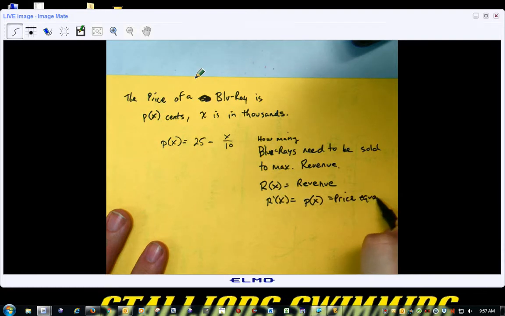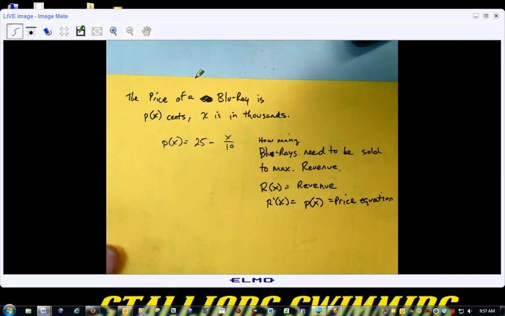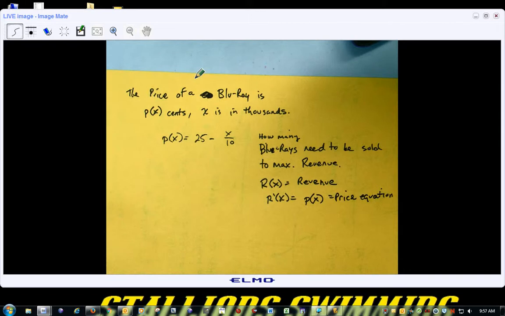Now, remember, revenue is how much money you make, right? So the derivative is going to take it one step down and talk about how much you're charging in order to make your revenue. So if you want to think of a function like a revenue function, if you're accumulating money, the first derivative of it is going to be the rate at which you accumulate the money. That has to be your price.